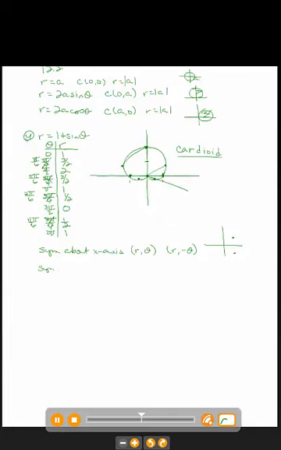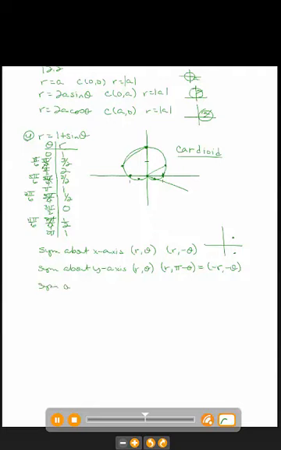If we're talking about symmetry about the y-axis, that happens when you have r comma theta and you have r comma pi minus theta, which would be the same thing as writing negative r, negative theta. So symmetry on the y-axis happens when both of them change to negatives.